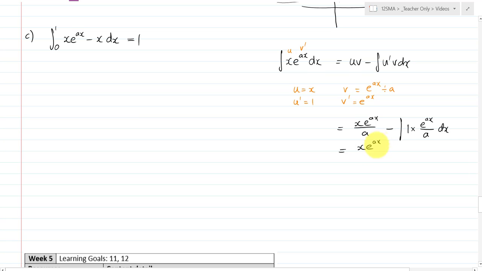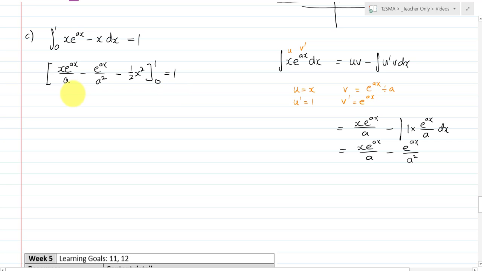X e to the ax over a minus e to the ax over a squared. And we've got a plus c, but we don't need it in this case. So I shoot back up here, bringing that result with me, and it means that I've got x e to the ax over a minus e to the ax over a squared minus a half x squared between 1 and 0 has to equal 1.